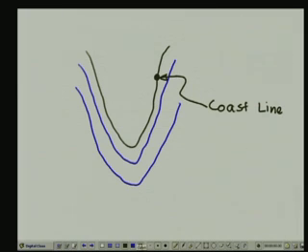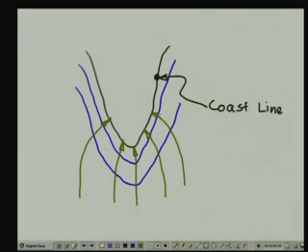So in this particular case, the wave energy is going to refract and get focused towards the portion of the coastline that is protruding into the sea in this manner. And this bending or refraction, as you recall, is because of the slowing down of the shallow water wave depending on water depth.